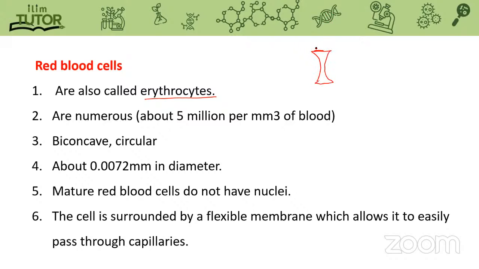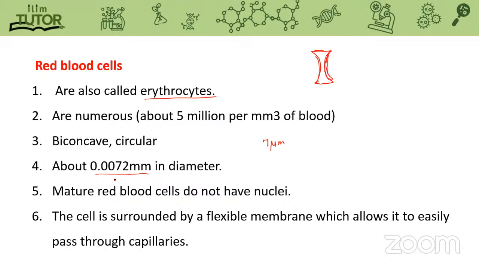Being biconcave means they curve inwards on either side. There are about 5 million of them per cubic millimeter of blood. In terms of diameter, they are about 7 micrometers or 0.0072 millimeters in diameter.